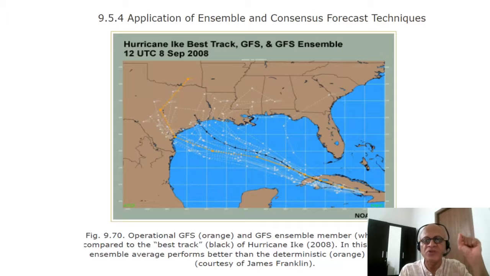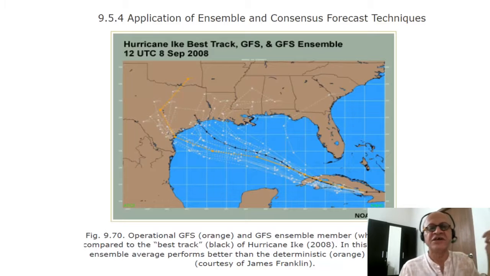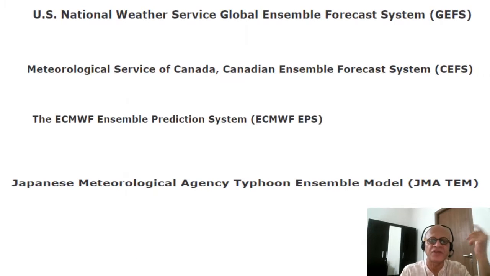Ensembles of members of a single model tend to depict the uncertainty of that model in forecasting the tracks, and in this case also intensities, as a forecast, but we will see there are other ways to combine multiple models.